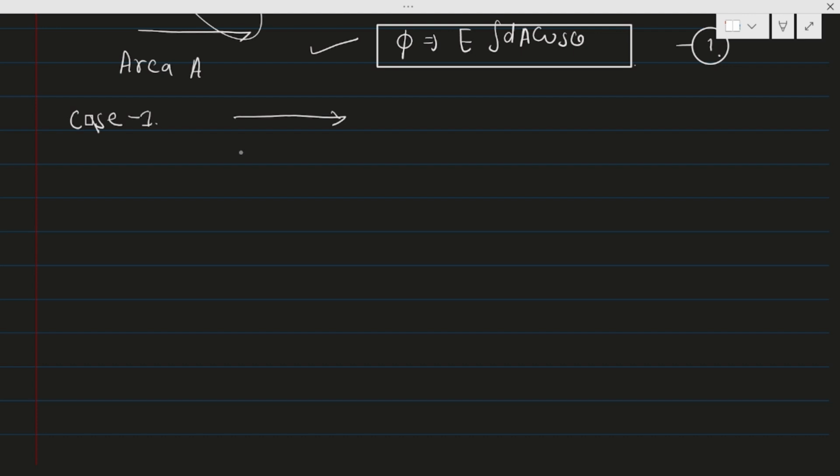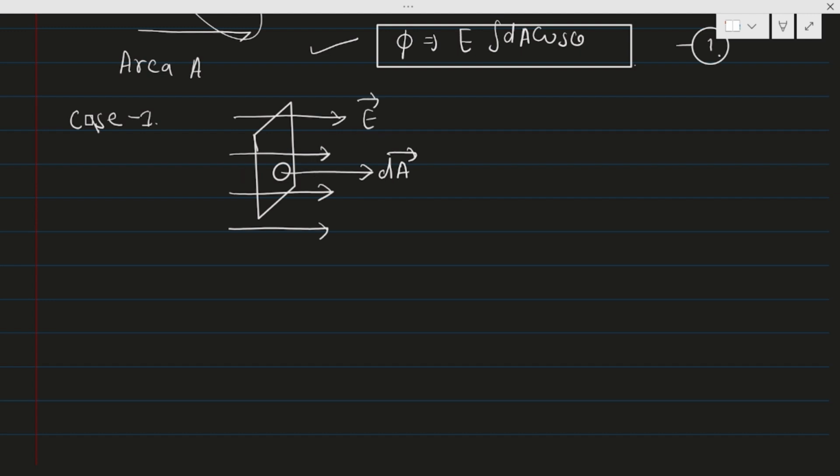These are the electric field lines again, and there is some area A. This is a small area element dA, and the area vector is perpendicular to this area, and this is electric field E. So flux phi in this case is E dot dA.